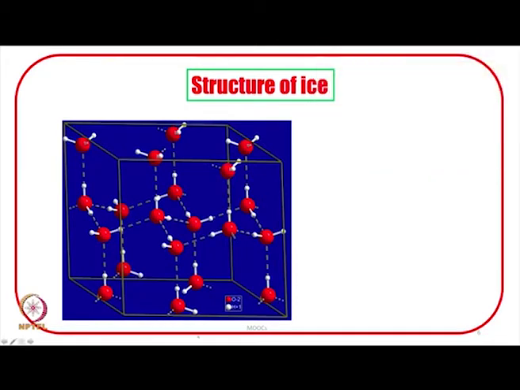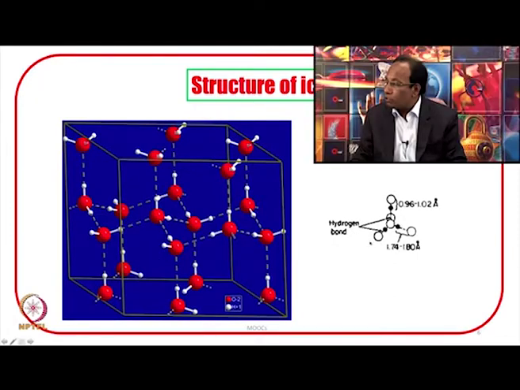And if we examine again more carefully, this is an expanded structure, and because there is a regular tetrahedral network of hydrogen bonds, this results in the formation of voids. You see, there are voids in between, there are spaces in between. Each oxygen is surrounded by another 4 oxygens.